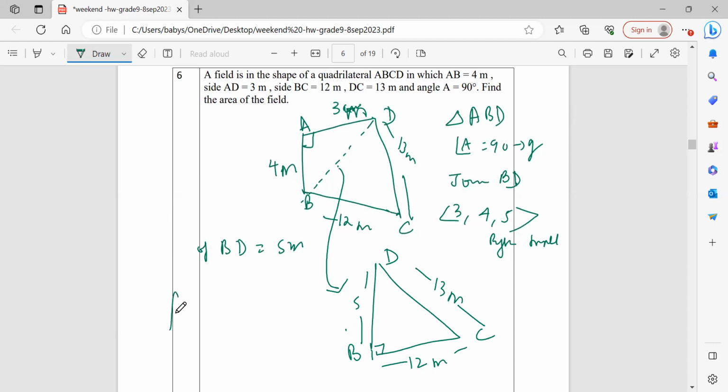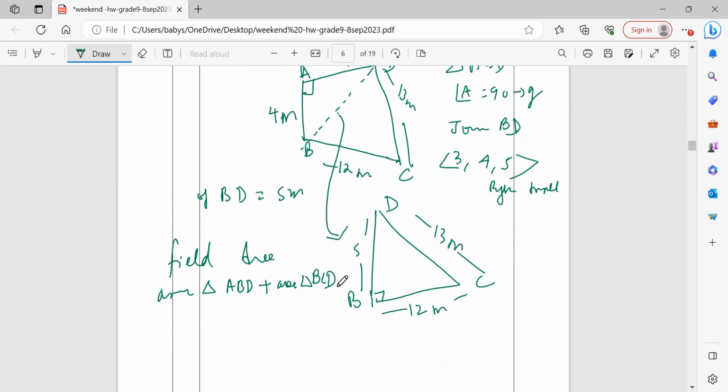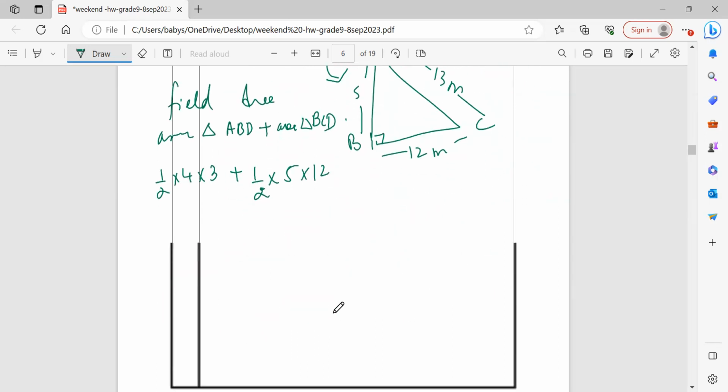Find the area of the field. So field area is equal to area of triangle ABD plus area of triangle BCD. Both are right angle triangles now. Area of triangle ABD is half into product of the legs, half into 4 into 3. Area of triangle BCD will be again half into product of the legs, half into 12 into 5.